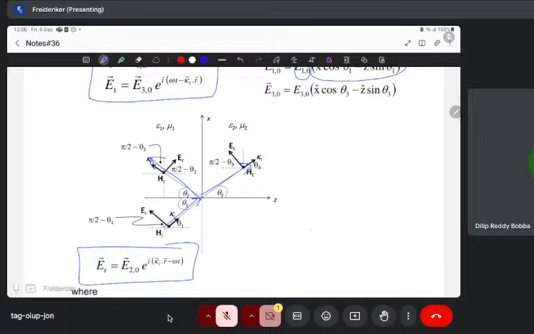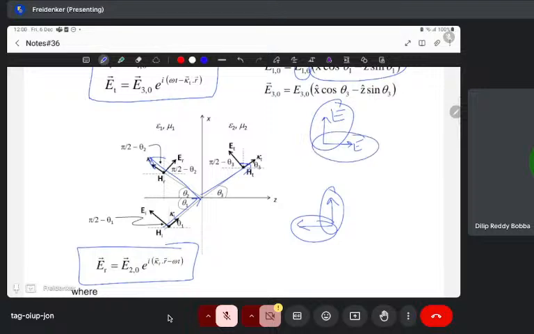How is E? E is like this. Interesting. If E is like that, and here E is like this, this part is fine. It's going to the top, but it looks like this E got flipped into this direction. There is a flipping.